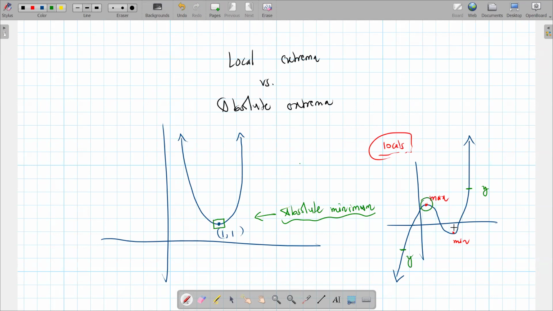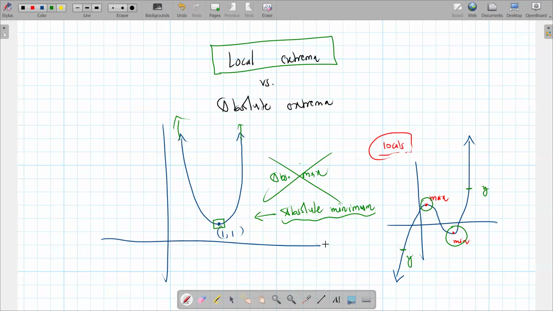So these are called local extrema, because in the function we have higher y values and lower y values. Whereas this one right here is the absolute minimum. There's no other y value that would occur. For this, there is no absolute maximum, because these y values will go on forever till infinity. So that's the idea of extrema.